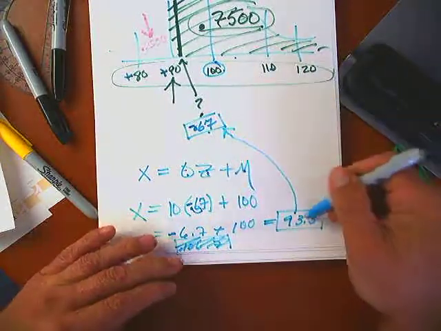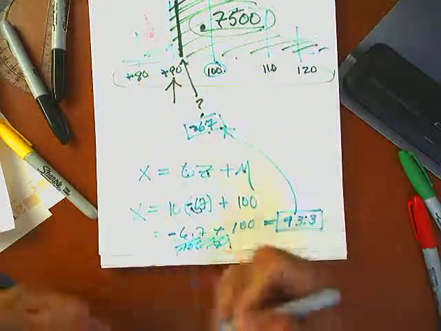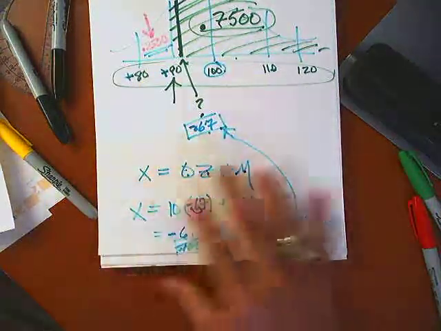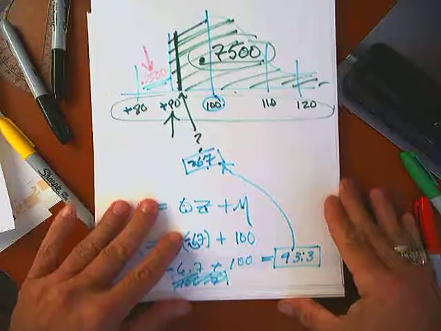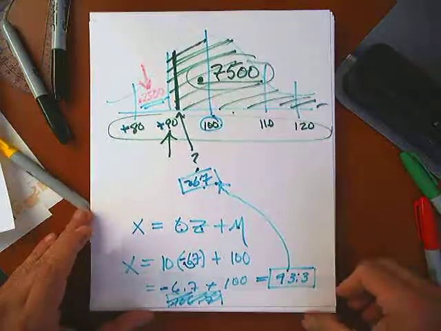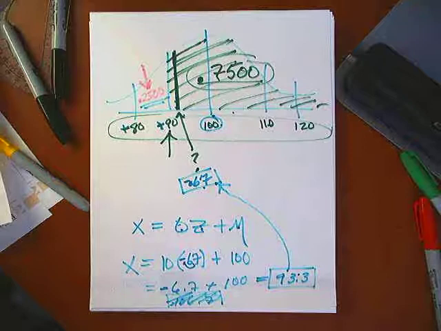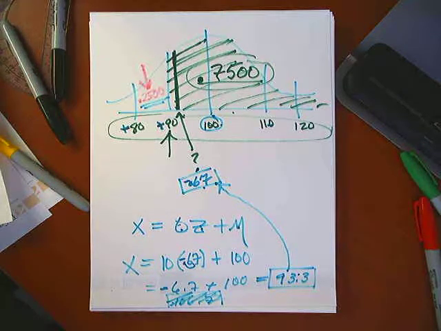Now you don't have to use a calculator, people. Please don't tell me you put 10 times 0.67 in a calculator. I hope you do not do that. Because when you multiply by 10, you move the decimal to the right one place. So that would be 6.7 plus 100 is equal to 106.7, and that is the x that corresponds to 75%.